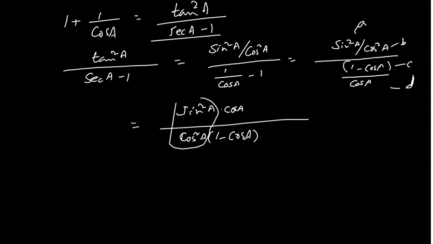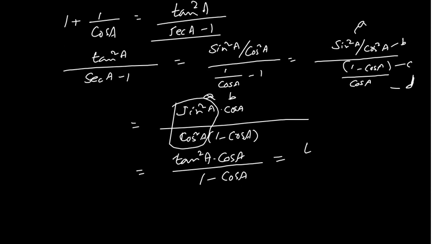So this part is done. Now we have to look at the cos A. Cos A, you have to write it as 1 by secant A, divided by 1 minus cos A. Means the secant A comes to the bottom, secant A into 1 minus cos A. Now open the bracket.